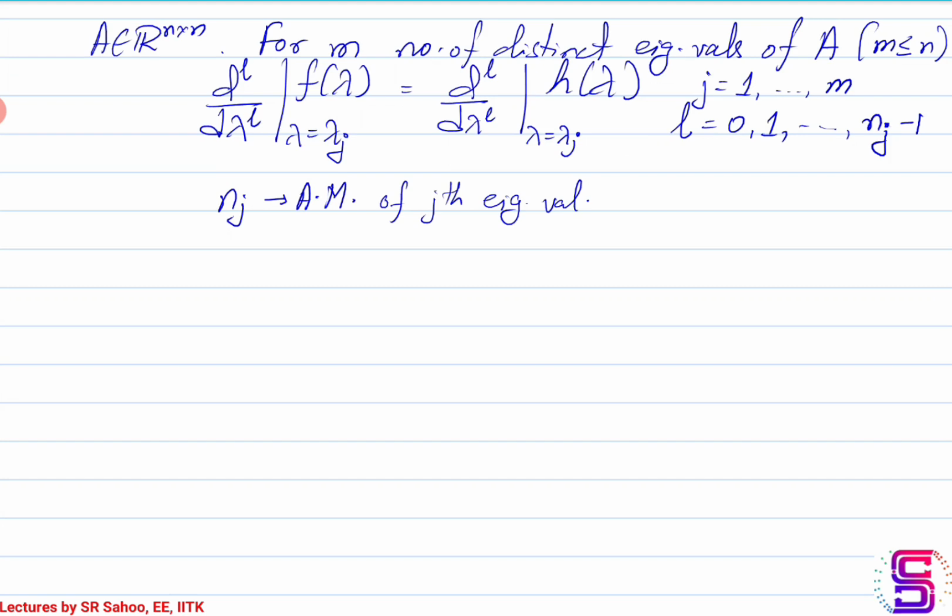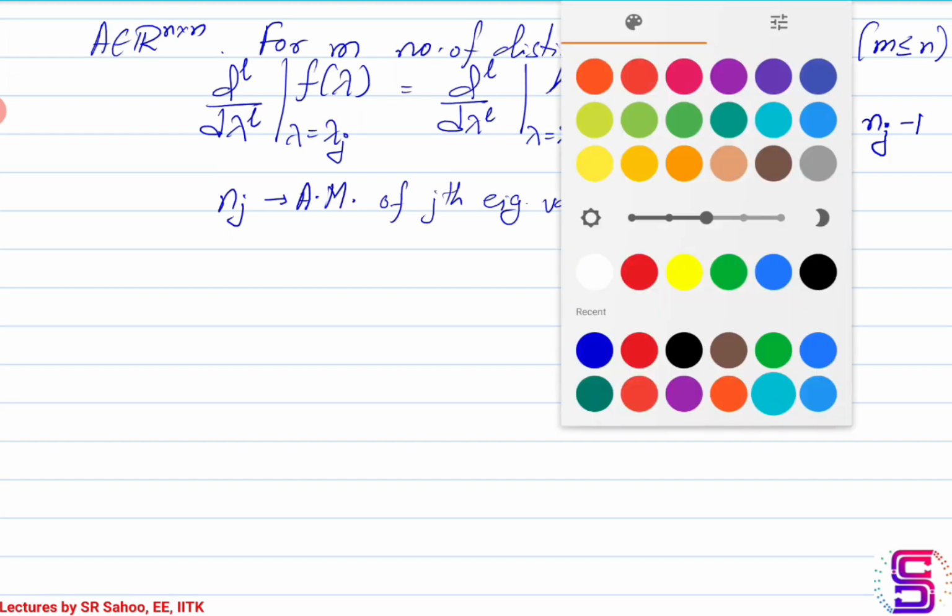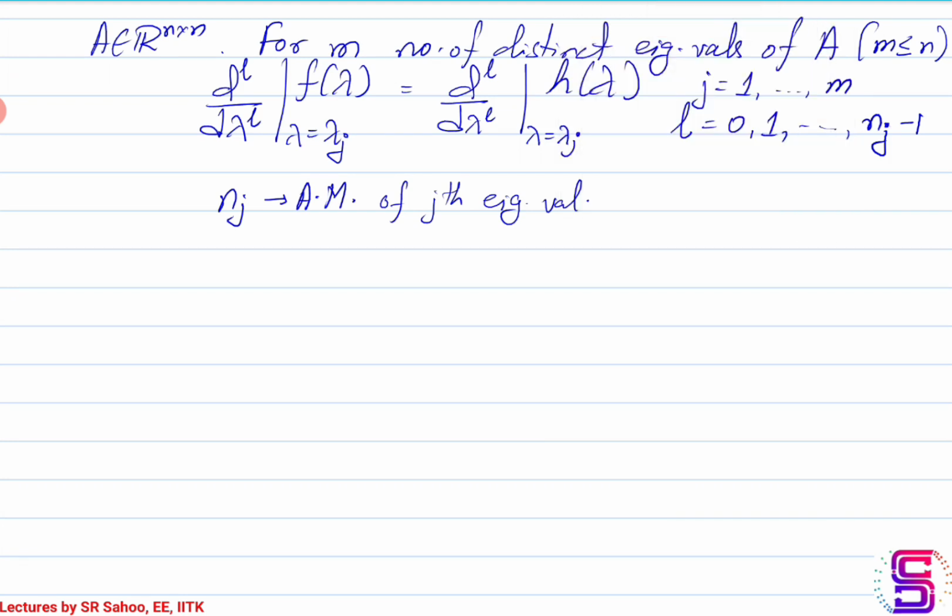So for the first example, let us consider a matrix E of the form 0, 1, minus 2 and minus 3.